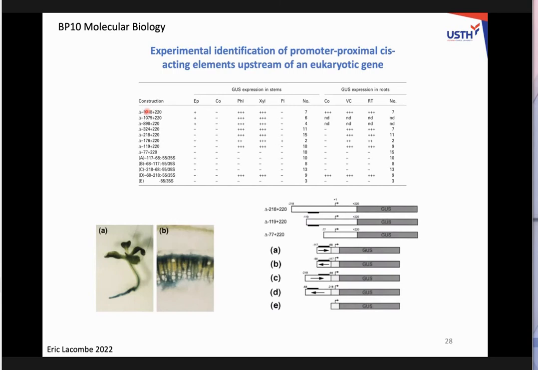So these positions are the positions of the fragment of the promoter that has been fused to the GUS gene. In other words, when you see delta minus 1448 plus 220, it means that everything is relative to the +1, the transcription start. So this is our reference in terms of position in the gene.